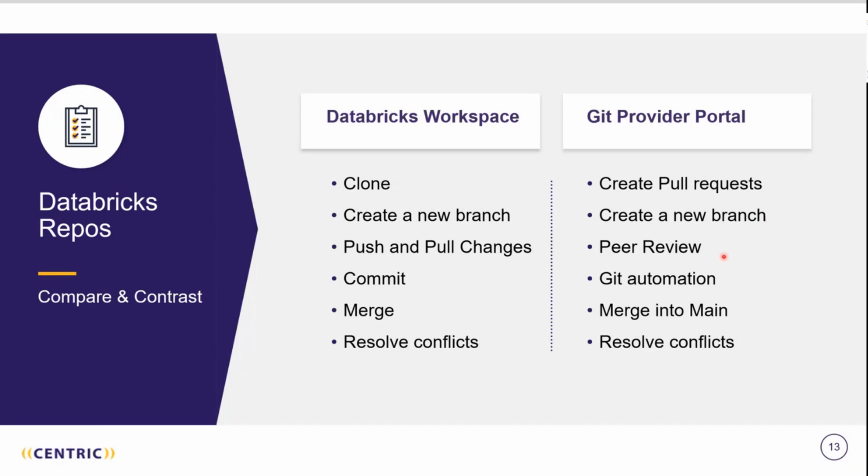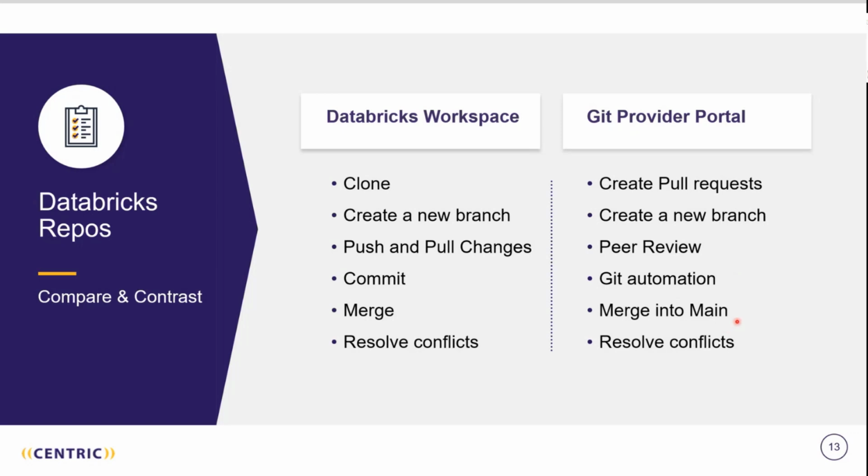You can do peer reviews in the Git provider. Peer review is someone can argue also possible in Databricks, but I recommend doing it in the Git provider because in Databricks it's at the notebook level. It will not be tracked within your Git provider. You can also do Git automation. Git automation is what I just showed you, when I committed my changes to the main branch, it got deployed to the production folder.